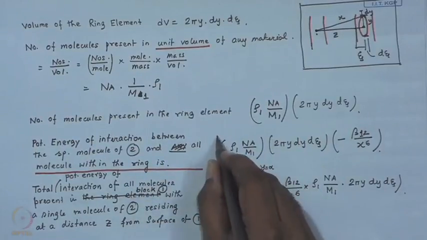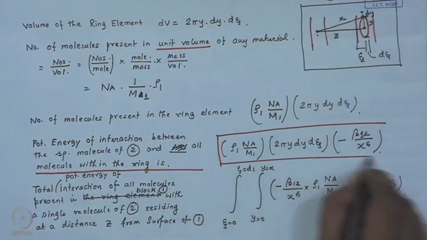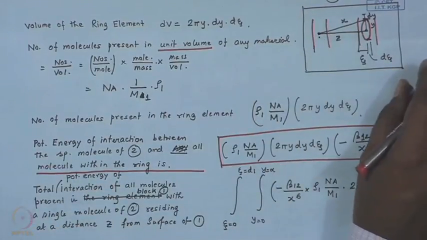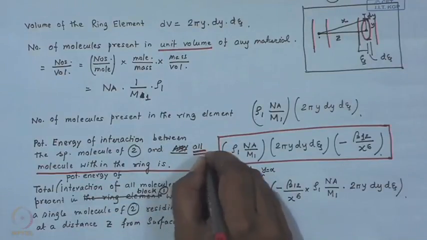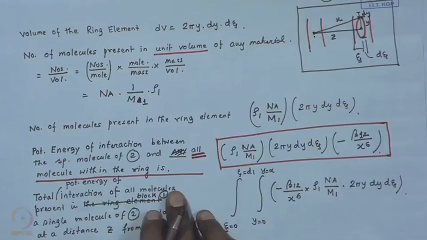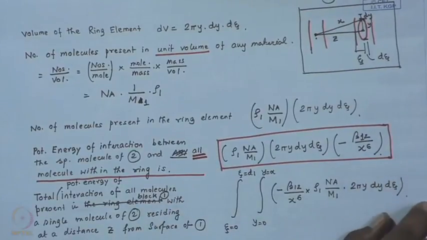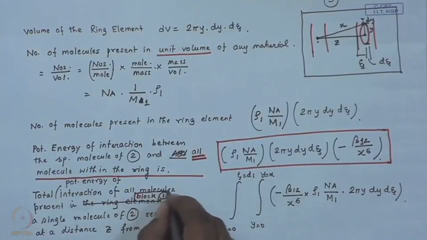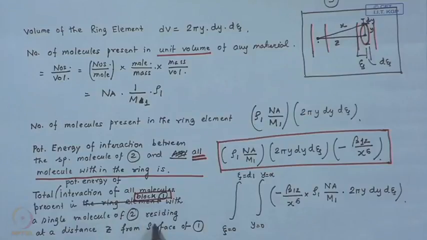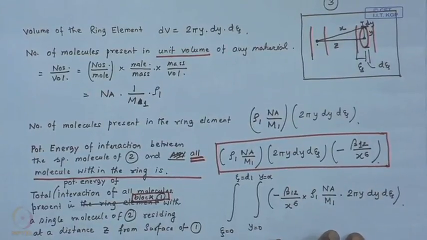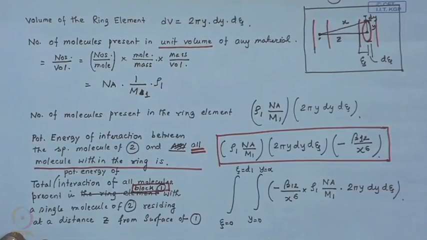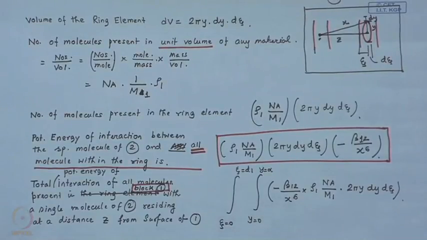So, that is the expression which gives you the total potential energy of interaction between the specific molecule you are talking about and all molecules within the ring. And therefore, the total potential energy of interaction of all molecules present in block 1 with a single molecule of 2 residing at a distance z from the surface of 1 is obtained by doing the integration in terms of y and eta for the entire expanse of block 1, and this is the expression.